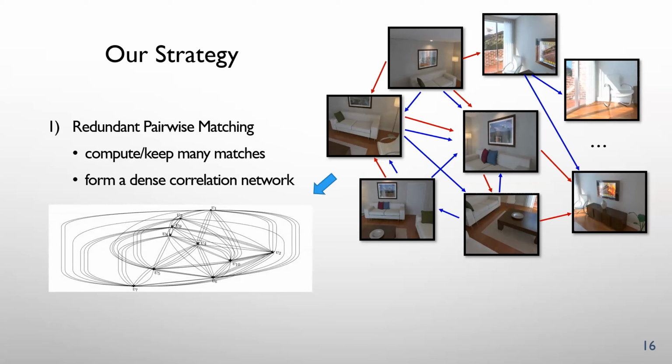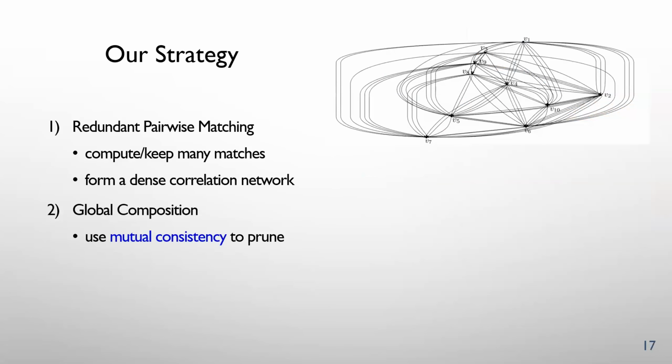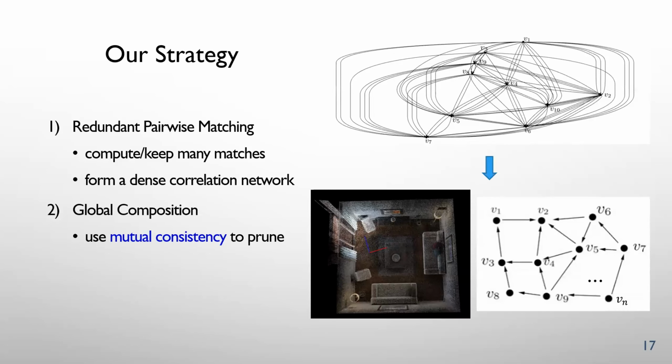Okay. Then we do a global composition where we try to prune the graph, enforcing a certain type of local or global consistency constraints to find a final simple graph that maximizes the matching scores. So basically, starting from the multi-graph, we prune it, enforcing some global constraints, and then obtain a final simplified graph.